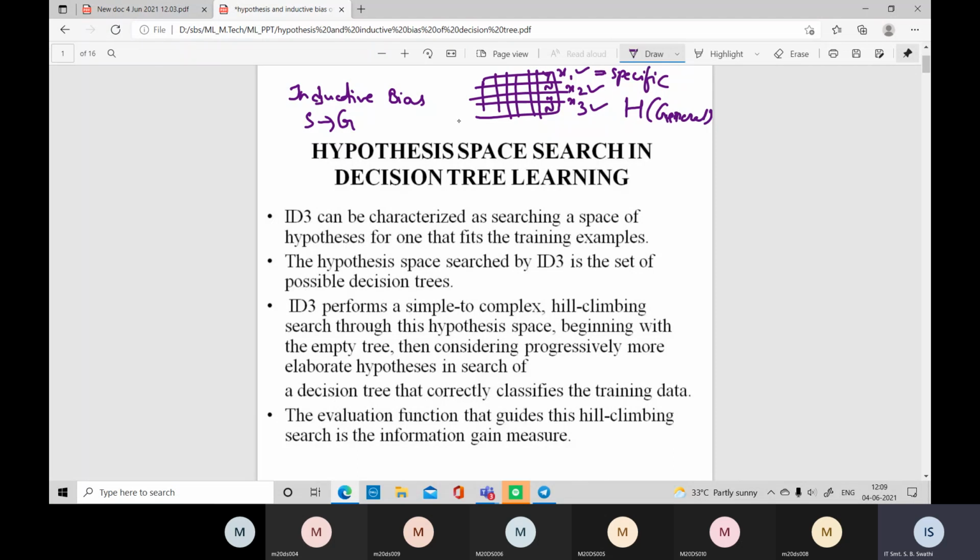In inductive bias, from the specific instances, we derive some conclusions or some hypothesis in general. Why we do this one? So that whenever a new input is given, which is not matching with any one of this given training data, the model should not get stuck. The model should show you some output, in terms of yes or no. For that purpose, we are using this inductive bias technique.